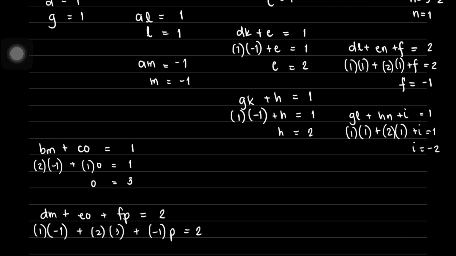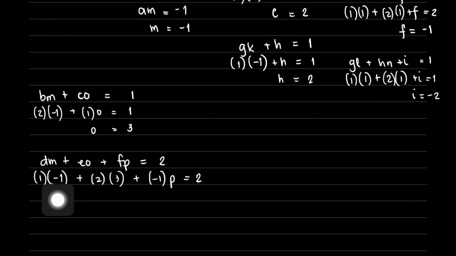So negative 1 plus 2 times 3, that would be 6. So negative 1 plus 6 is equal to positive 5, and if we transpose it, that would be negative 5. So negative P equals 2 minus 5, because 2 minus 5 is negative 3. Then dividing both sides by negative 1, P becomes positive 3.